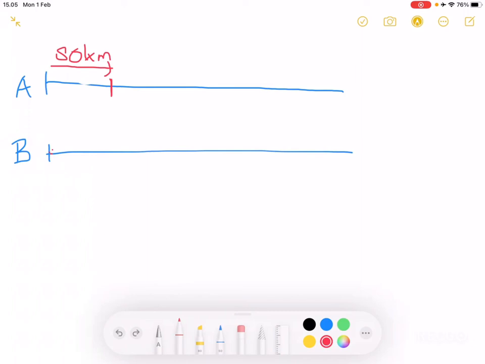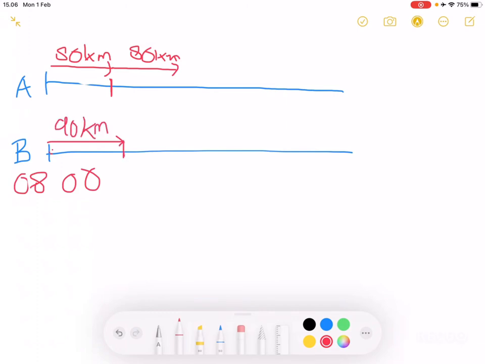So first, we're going to look at a condition of, this is before 7 o'clock. Now we're going to look at a condition of 8 o'clock, which is 1 hour after. So car A again will travel 80 kilometers. However, car B will start to travel 90 kilometers, and that is the distance covered by car B in a span of 1 hour.